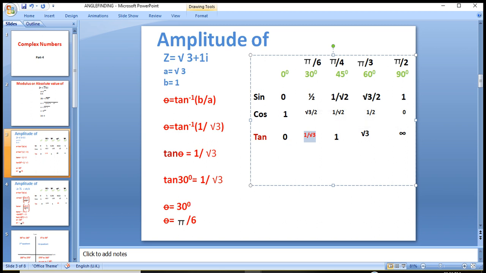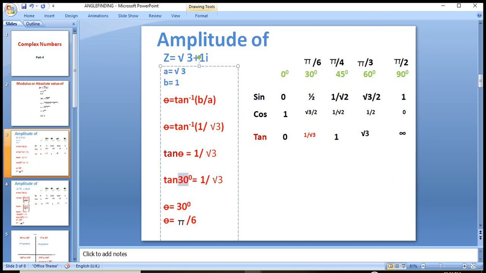So theta equals 30 degree, and we can also write theta equals pi upon 6, because pi upon 6 is also called 30 degree. I hope you have learned how to find the angle.